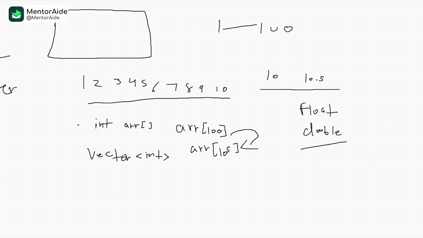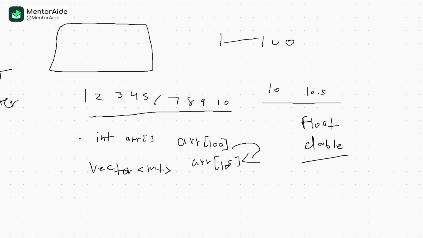Yes, we can. But it's going to take time because we are shifting the entire array of 100 students to a newer array. Basically, we are repeating the same process which we have already done.